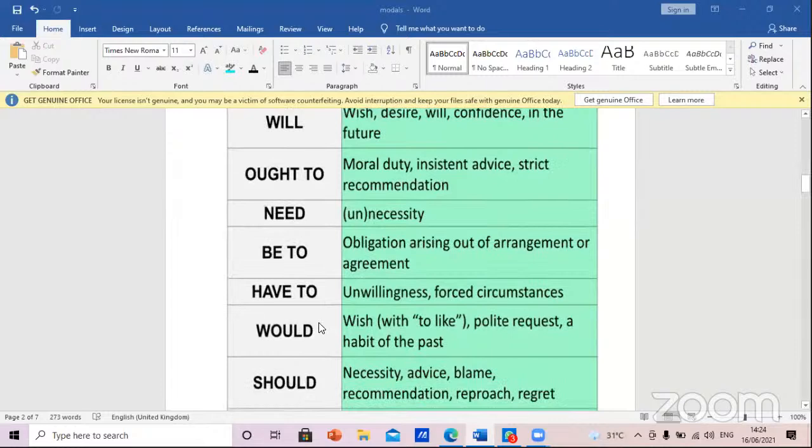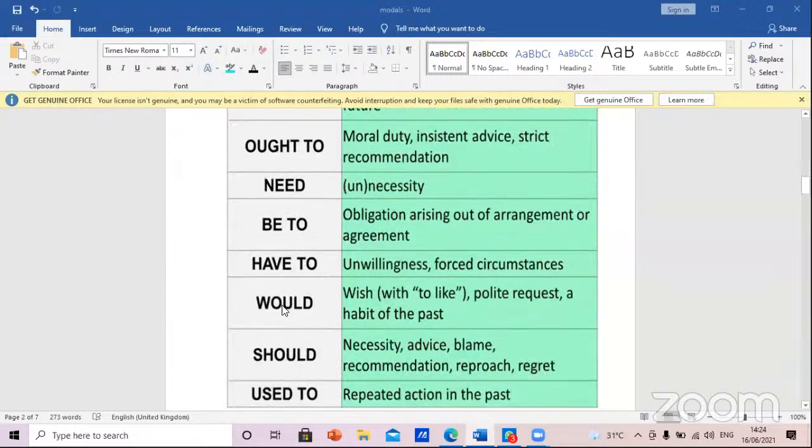Then would. We use would to make a polite request. Then should, that is necessary, or advice, or to blame. As I told you, your mother will come and ask you, or else give you some commands. You should participate. You should help me. Why don't you help me?